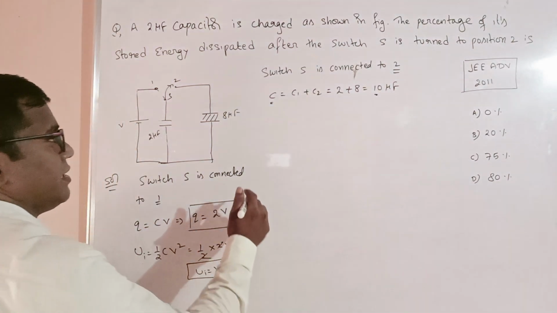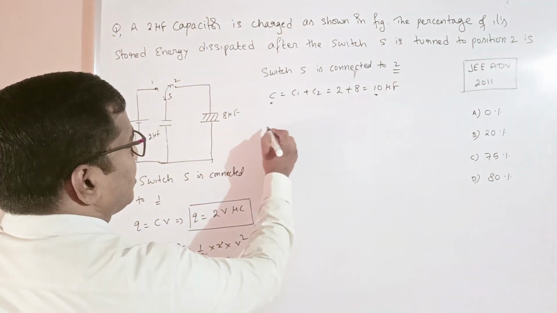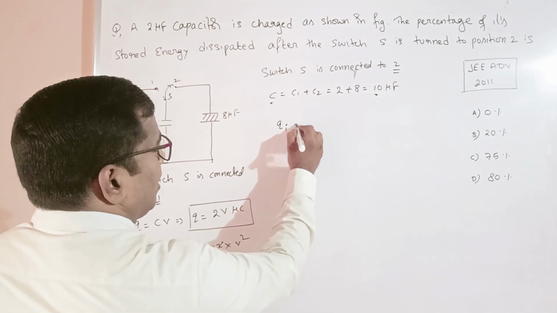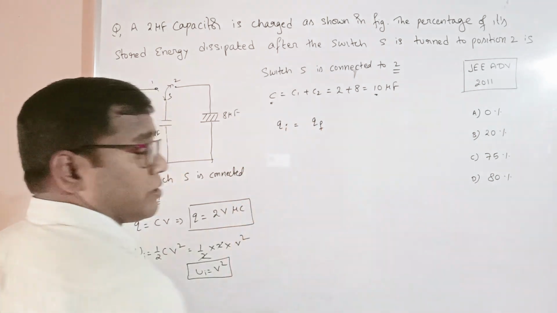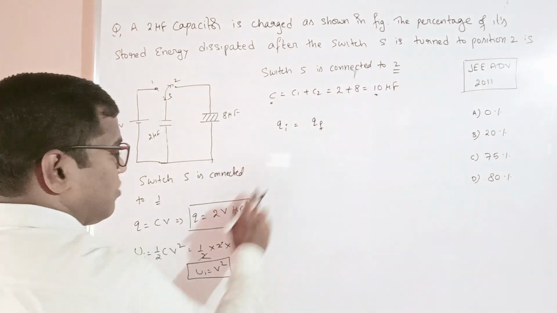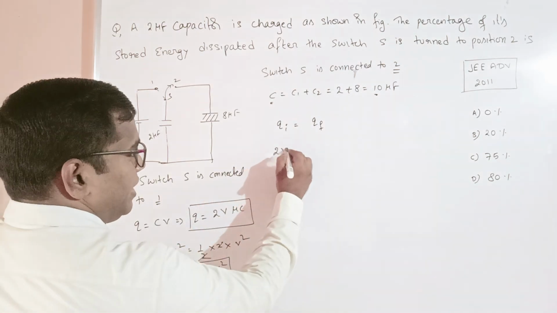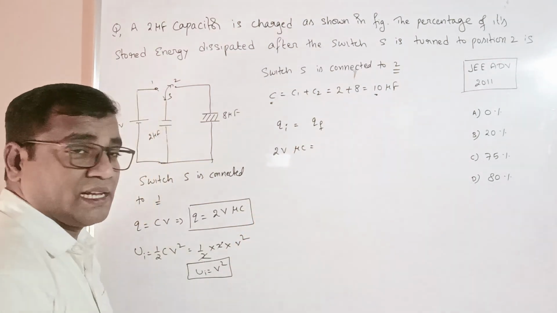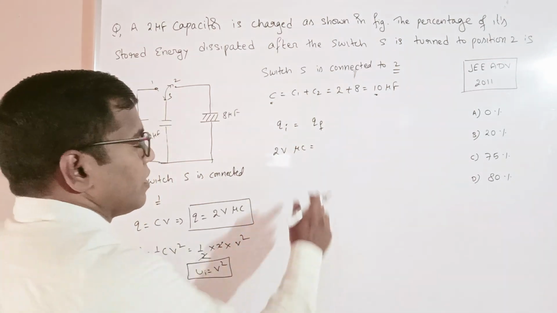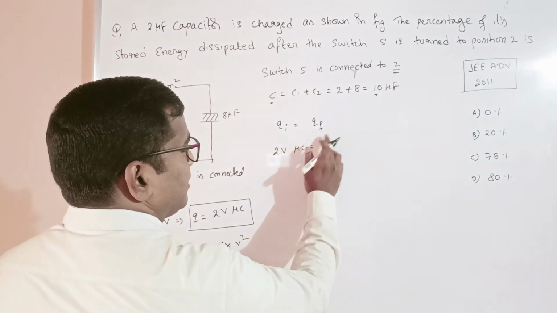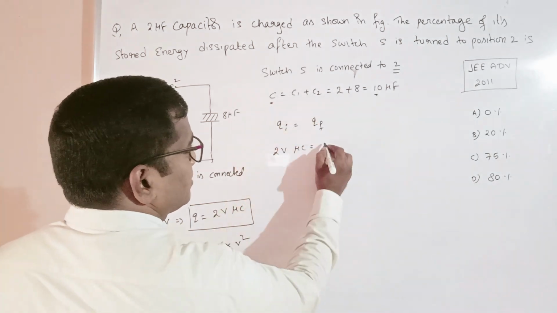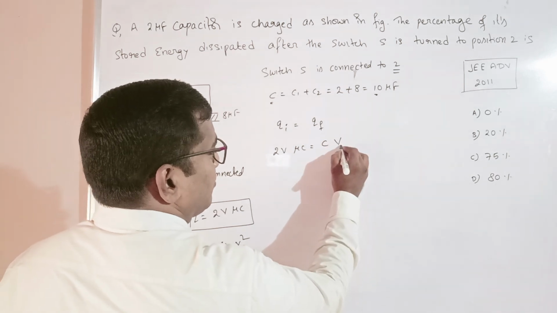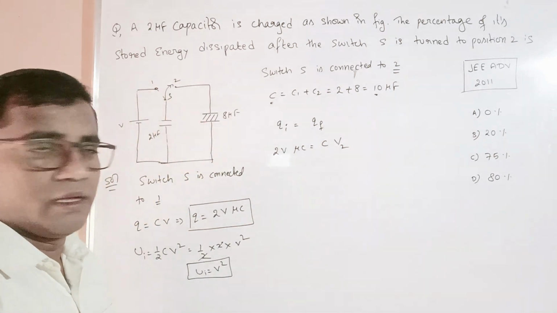Initially I write QI and the final is QF. The initial charge is 2V microcoulombs. The final charge Q is equal to CV. Let the final potential be V2.